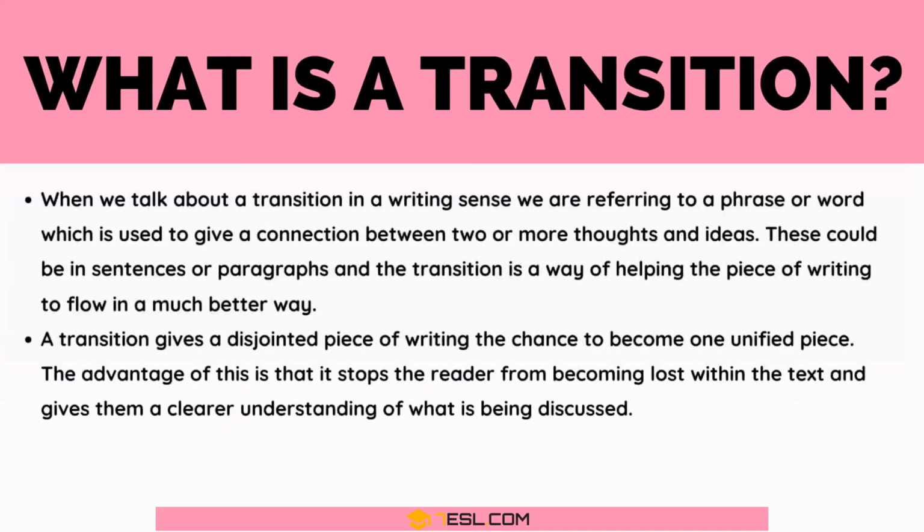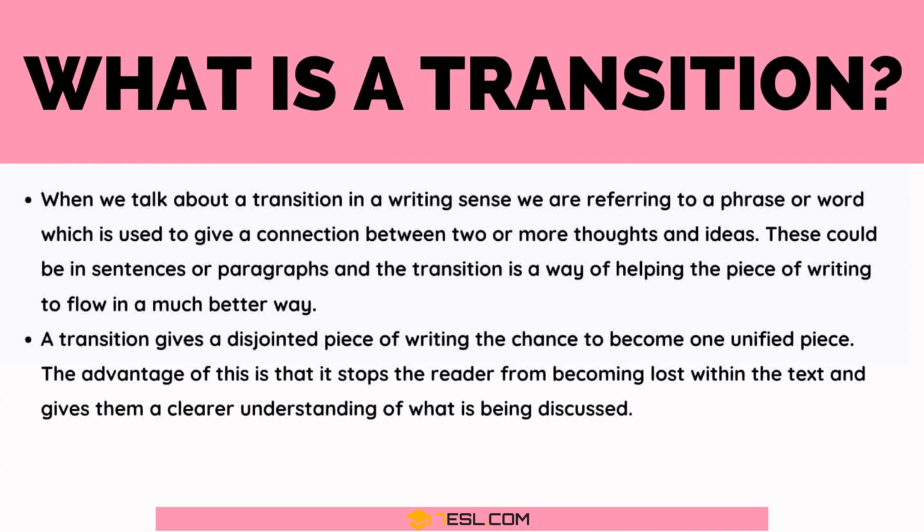Transition. Transition just basically means change. Change from one job to another, one city to another, one house to another. Transition just means change. And in writing, it's basically what's used to change from one idea or thought to another smoothly so that the reader is not shocked, confused, doesn't know what's going on.